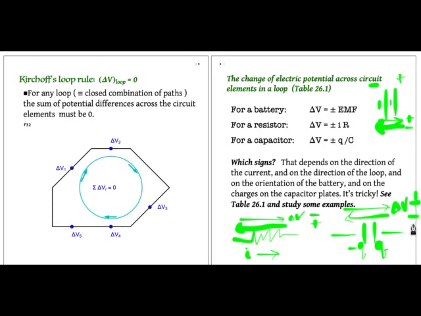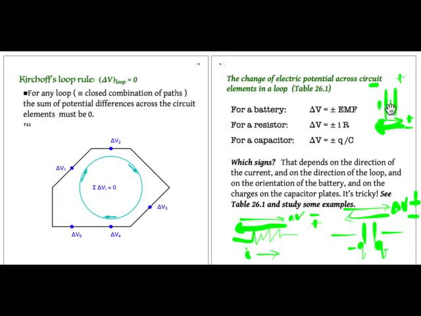Now again, if you make the wrong guess, it doesn't matter, because it just means that when you finish the calculation, you'll find that the charge is opposite from what you guessed. So you'll get the right answer even if you make the wrong guess. But you have to be careful about the sign. So what sign? Well, it depends on the direction of the current, the direction of the loop, and the orientation of the battery.